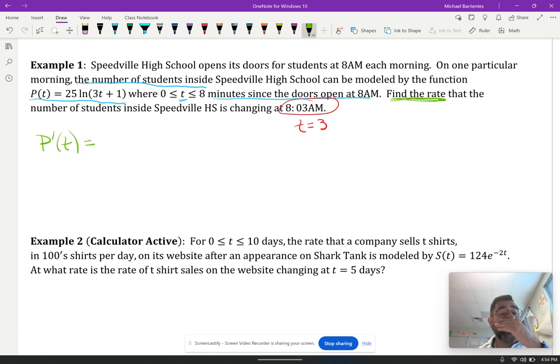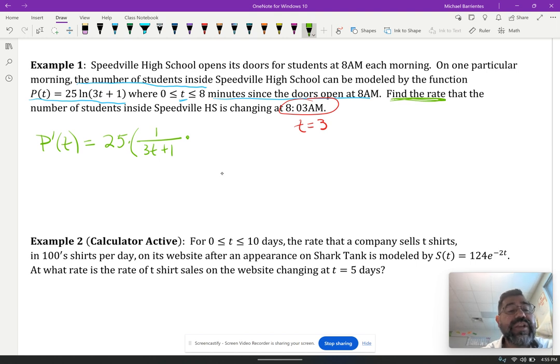So we're going to find the derivative the way we normally find the derivative. So we have 25 times the natural log of 3t plus 1. 25 is a constant, so I can keep it there. And I'm going to multiply times whatever I get here. Well, the derivative of the natural log of something is 1 over something times the derivative of the something.